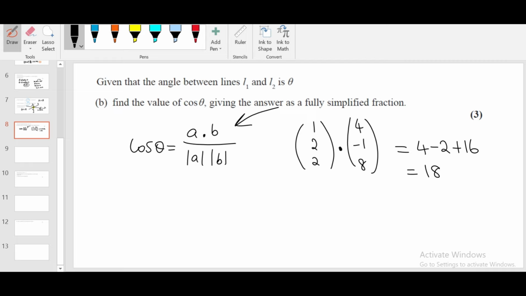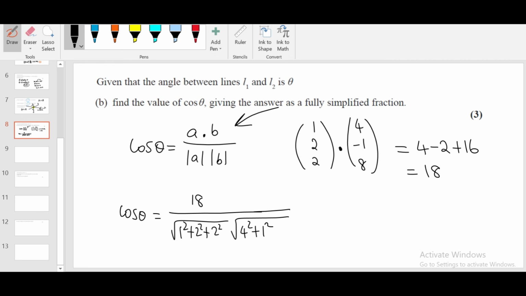Now we need to find the modulus of both vectors separately. So cos theta is going to be 18 divided by the modulus of the first vector, which is square root of 1 square plus 2 square plus 2 square. The modulus of the second vector is 4 square plus 1 square, or you can write it as minus 1 whole square, plus 8 square. That will give you the value of cos theta.